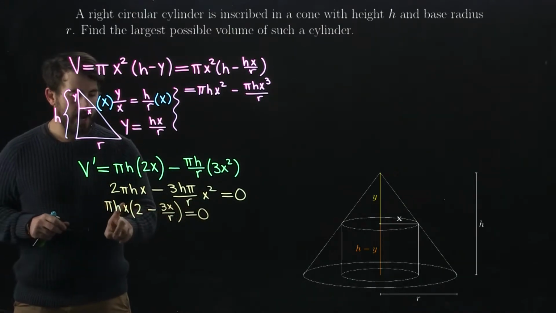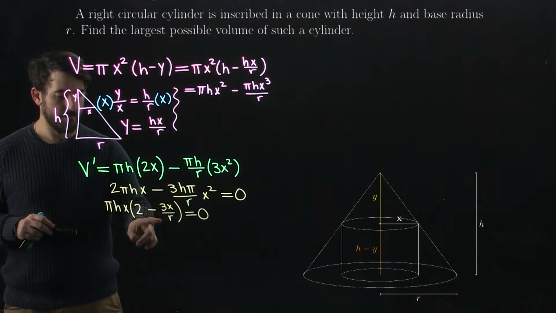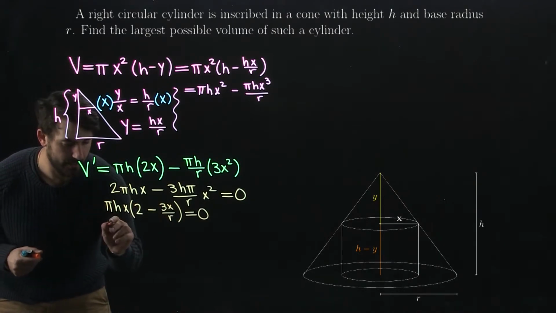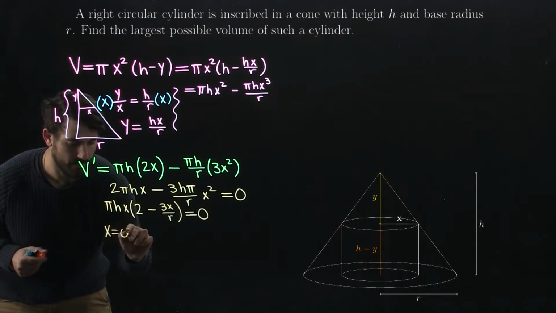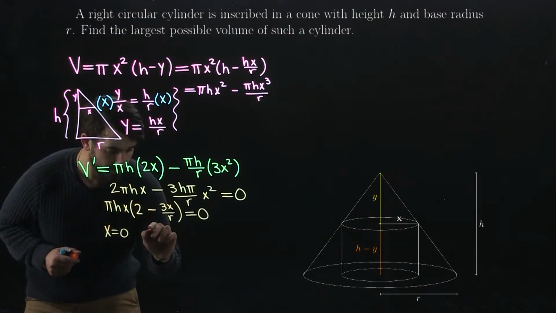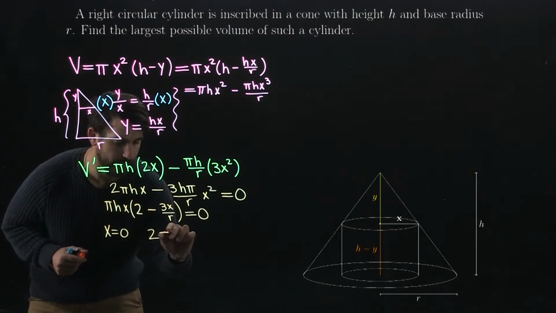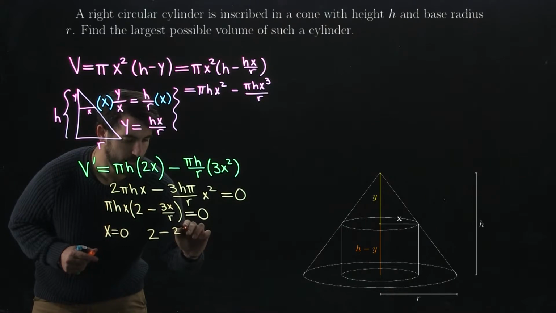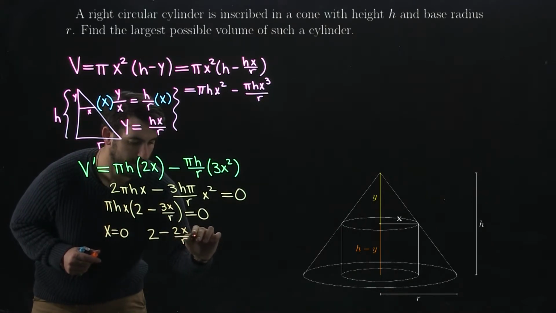Okay, so now I have two factors here. One solution is x equals 0. The other solution is from the equation 2 minus 3x over r equals 0.